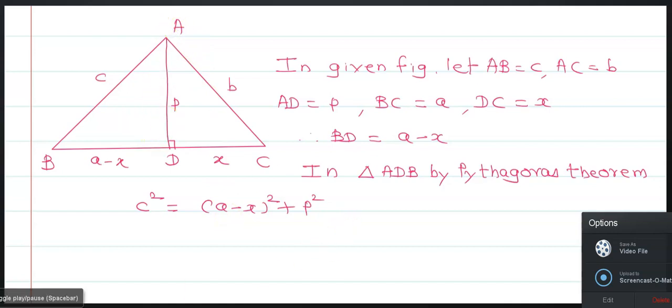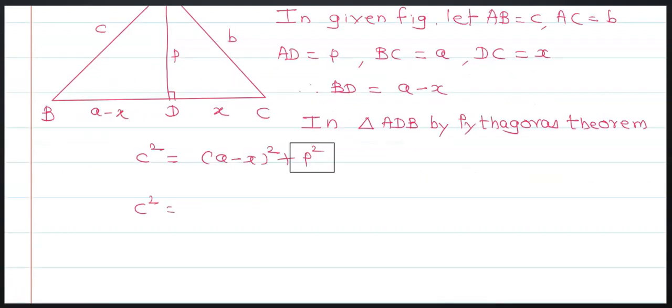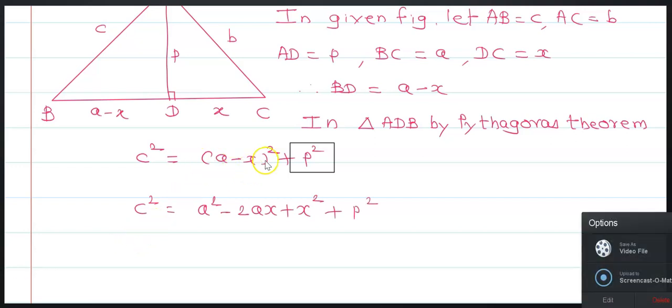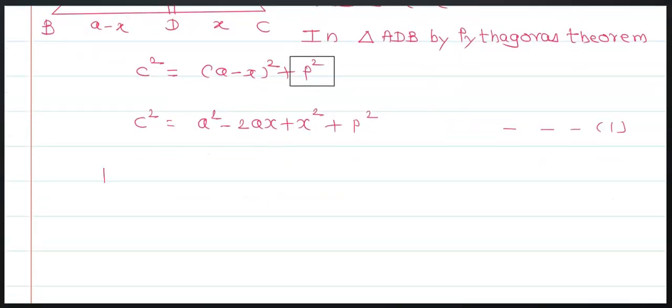Now (a minus x) whole square gives a square minus 2ax plus x square, plus p square. This is given in the textbook in the form of an activity. This is equation number 1.